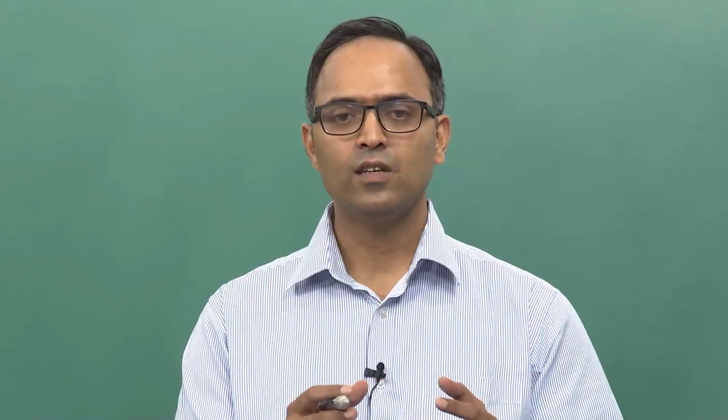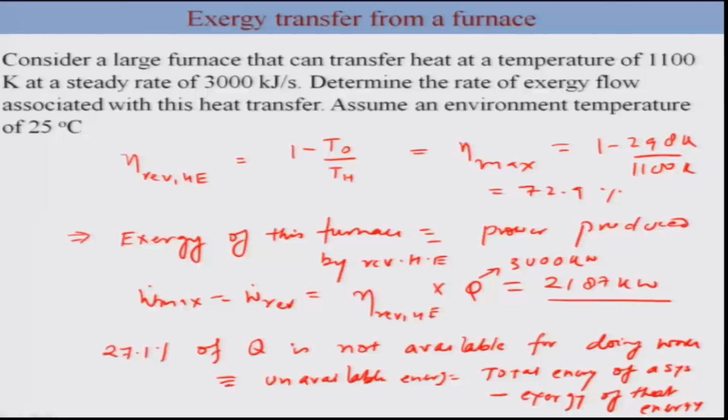For example, in this case, out of 3000 kilojoules per second, only 72.9% is available for doing work, and the rest is unavailable. That is what this analysis demonstrates, and this is based on the reversible heat engine efficiency which we have used, assuming the furnace was used as a reservoir to supply heat to the reversible heat engine.